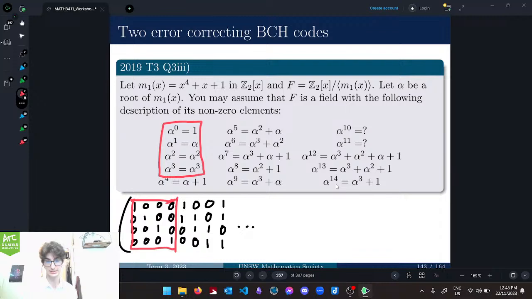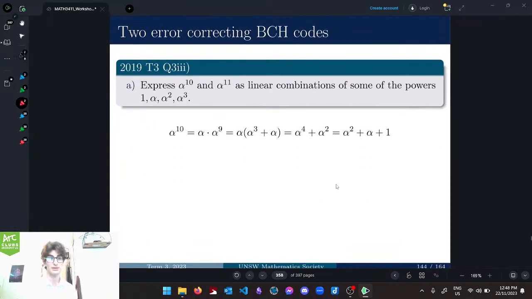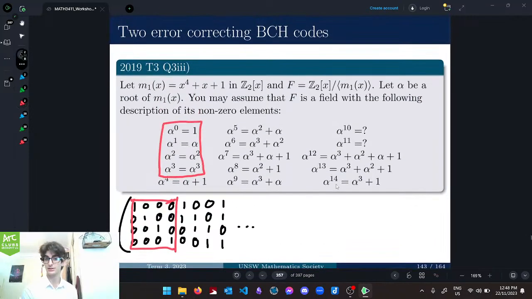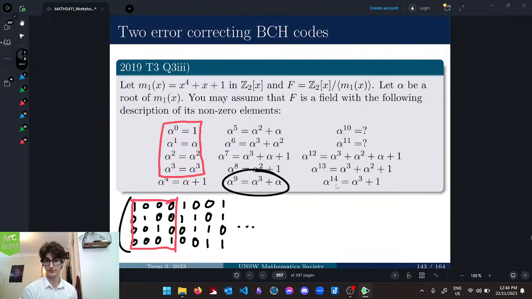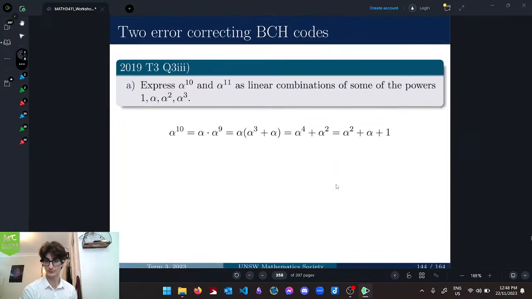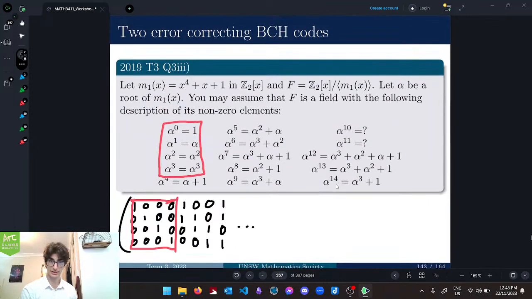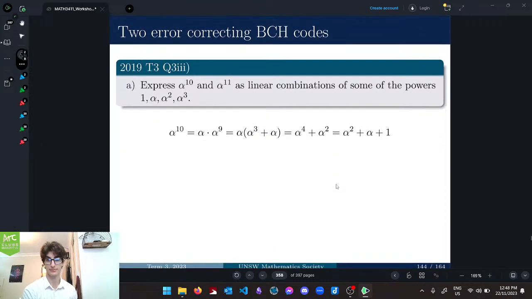Let's emphasize that. So we take advantage of the fact that we know the one immediately preceding it. That is alpha to the 9. So we express alpha to the 10 as alpha times alpha to the 9. We already know alpha to the 9 is alpha cubed plus alpha, so this is alpha to the 4 plus alpha squared. But again, we know alpha to the 4 is alpha plus 1. Subbing that in, we get alpha squared plus alpha plus 1.